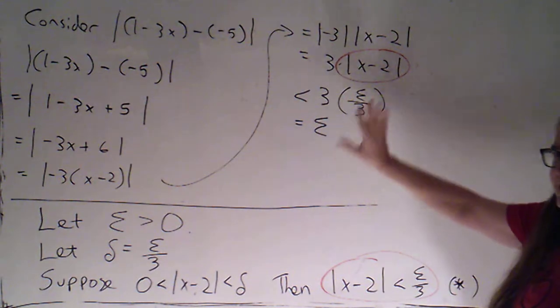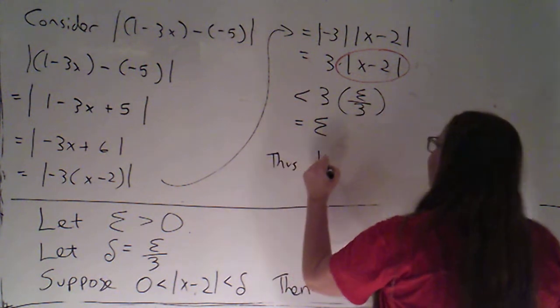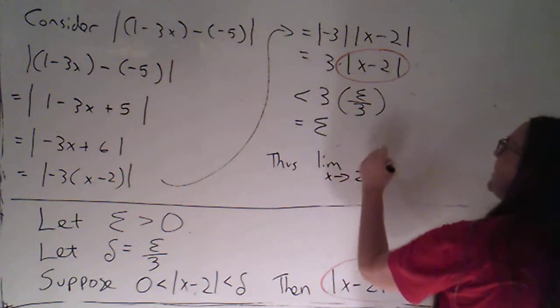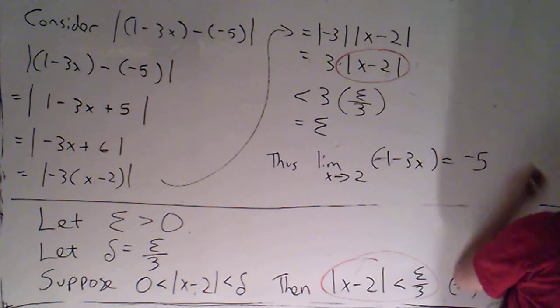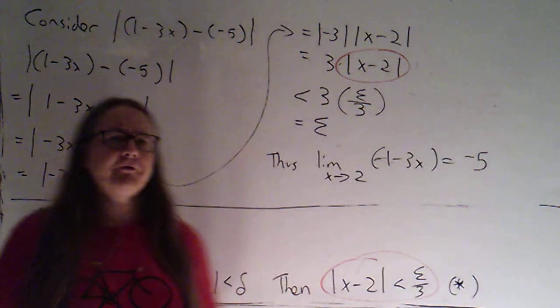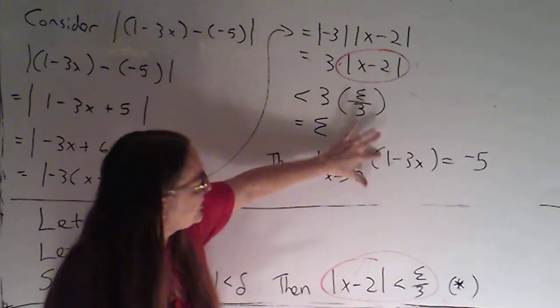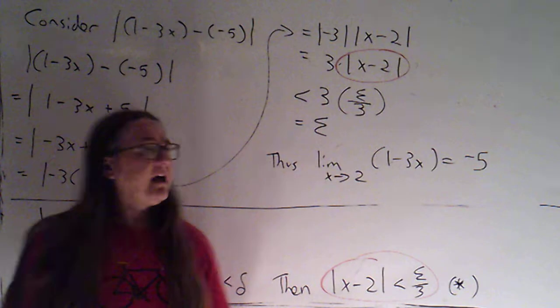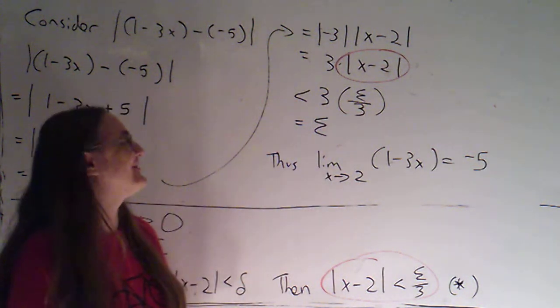Since this is kind of abstract, I like to then write, thus the limit as x goes to 2 of 1 minus 3x is negative 5. That just makes it clear to anybody who's reading my proof that the reason that I stopped isn't that I was just tired or bored or confused. I stopped because I had actually completed the task that I had been trying to accomplish.